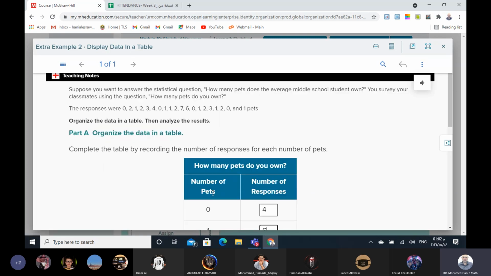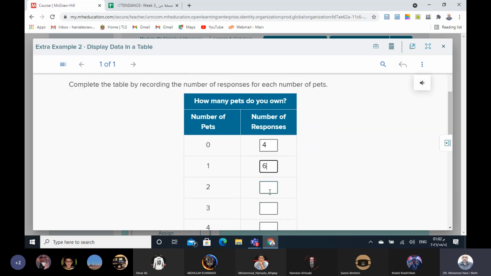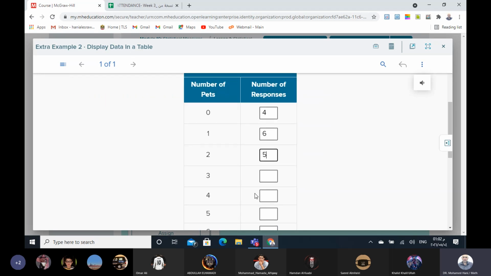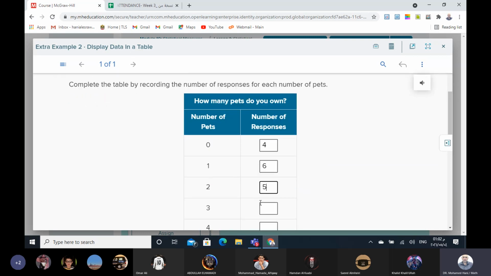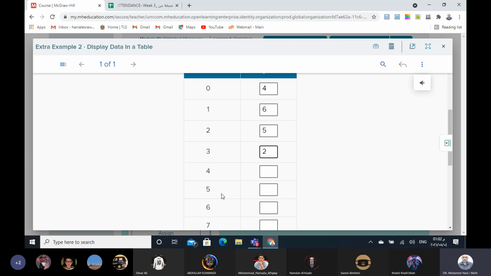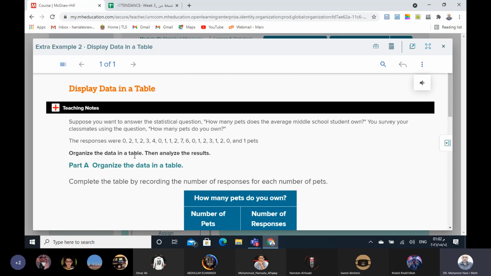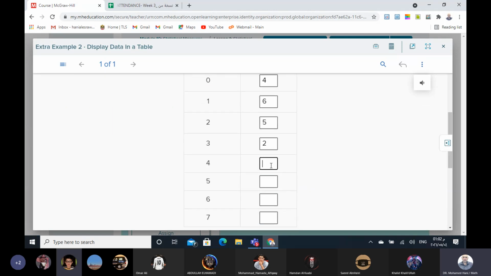Then how many 2s? 1, 2, 3, 4, 5. So we can write 5. Then how many 3s? 1, 2. Then how many 4s? Just 1.